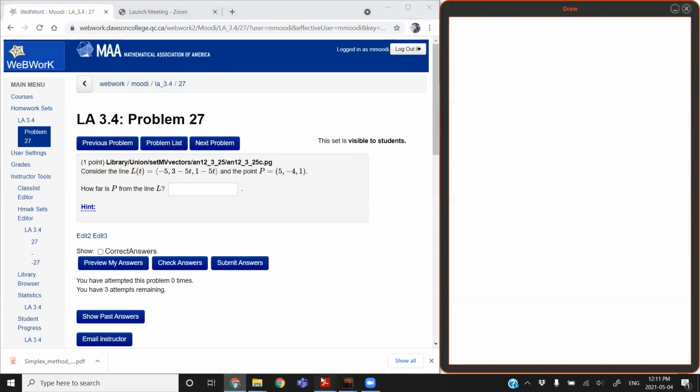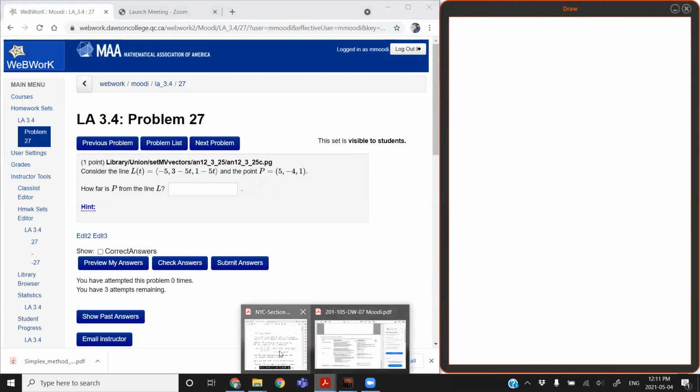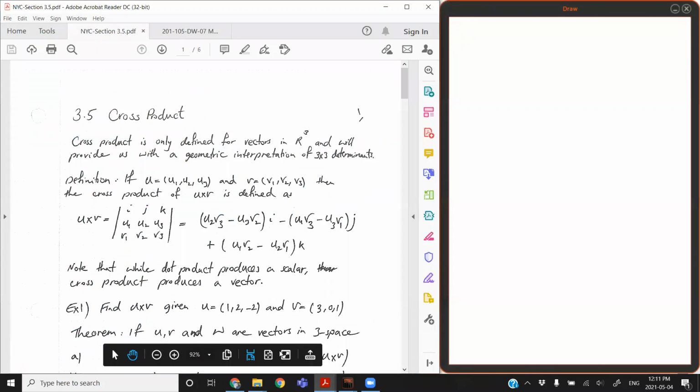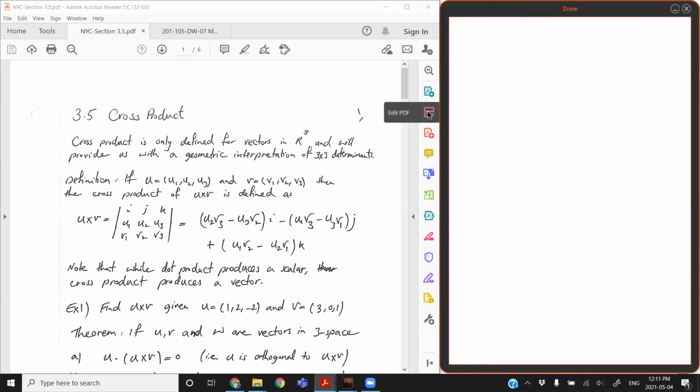Okay, today I'm going to start section 3.5. Section 3.5 is about cross product, and cross product is a special operation that you perform on two vectors, and it only works for R3.